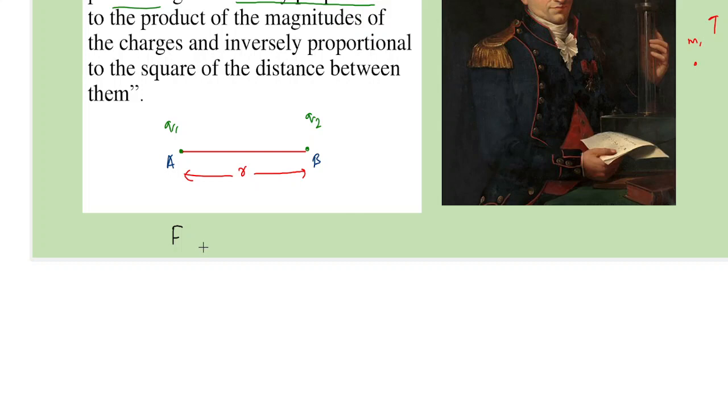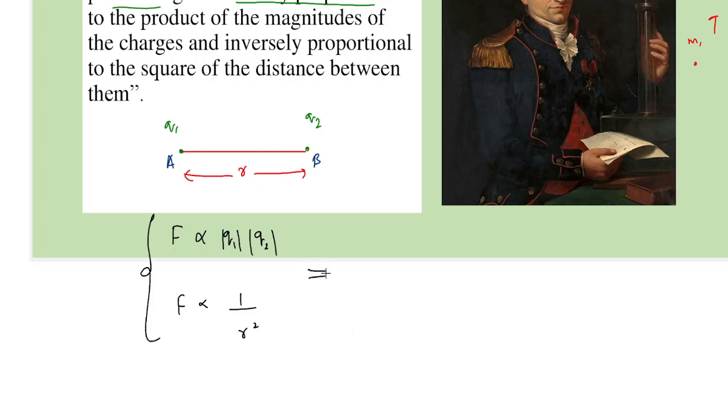So we'll call F the force between them. Now this force is directly proportional to the product of their magnitudes. This is very important. The product of their magnitudes, and also the force between them is inversely proportional to the square of their separation. These are based on observations or facts.